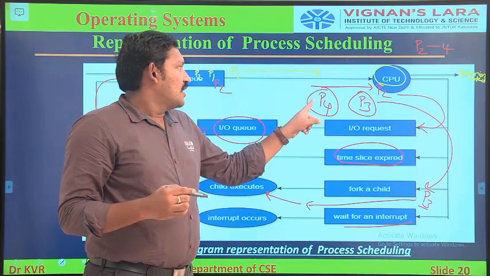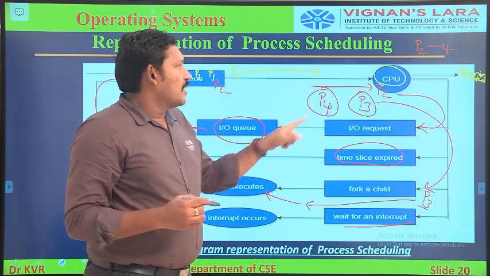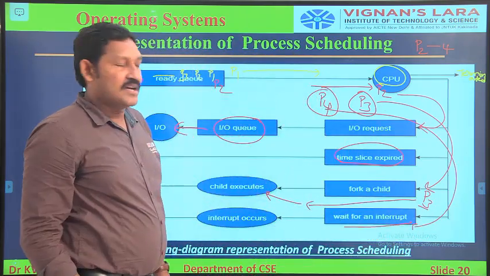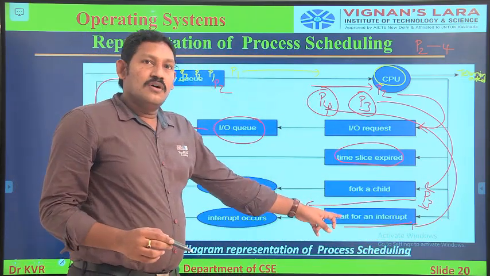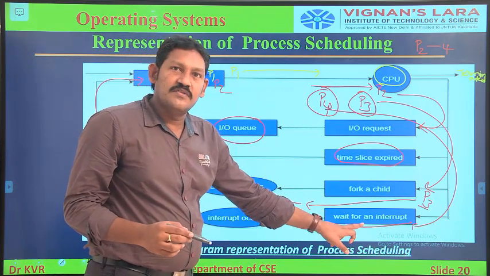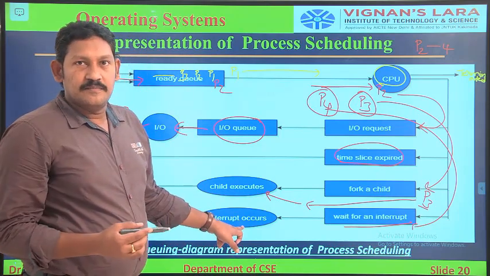If the CPU is executing process P4 and meanwhile an interrupt occurs, this process has to wait for that interrupt, and that interrupt will be executed.